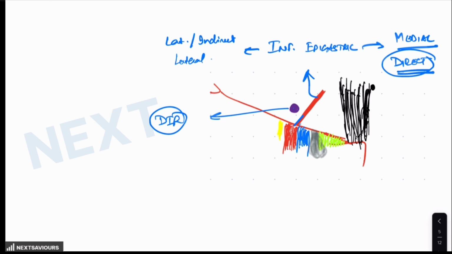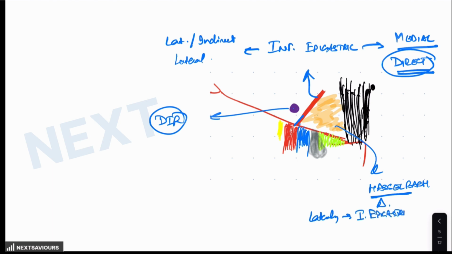As you can see, this area here is termed Hesselbach's triangle, which is bounded laterally by the inferior epigastric vessel, medially by the rectus abdominis muscle, and inferiorly by the inguinal ligament.